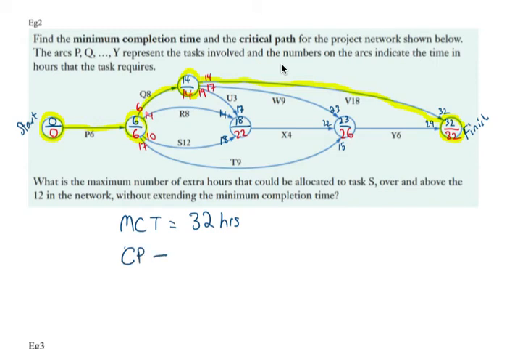Critical path is P, Q, V. Always list in order of the arrows. And there we go, we finished the minimum completion time, 32 hours, and the critical path is PQV. Always highlight, then also list out.